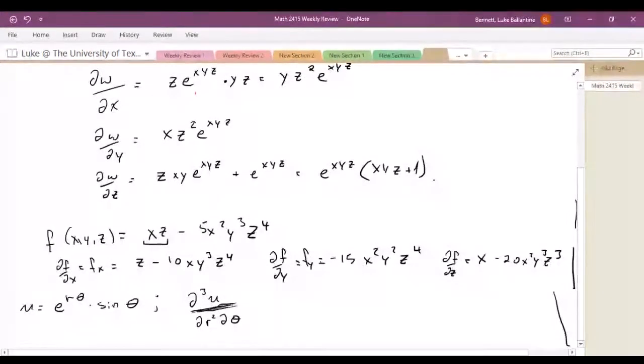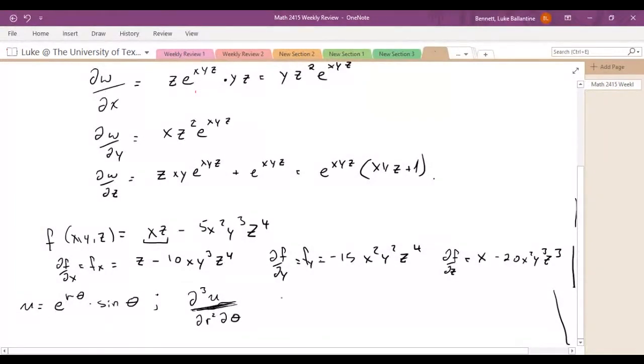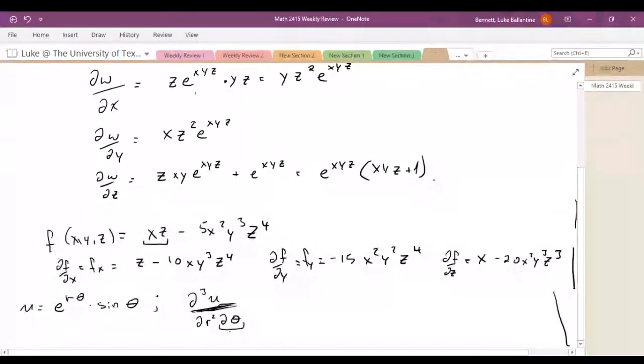Now, reading this, well, which partial should we take first? We should do theta first, and then do the two r's.